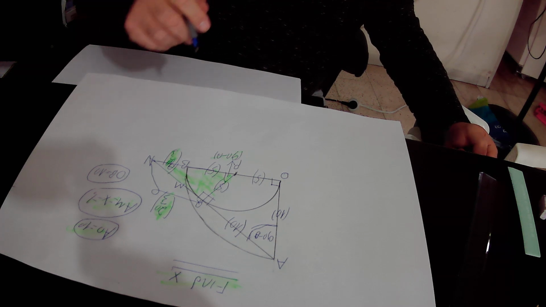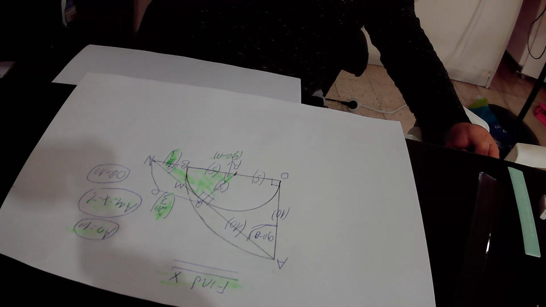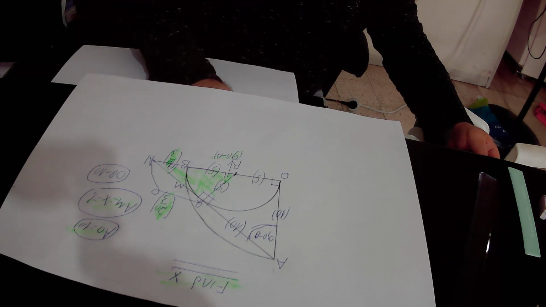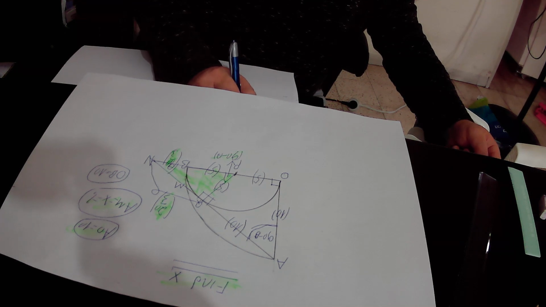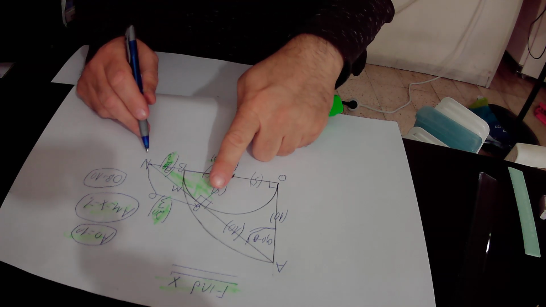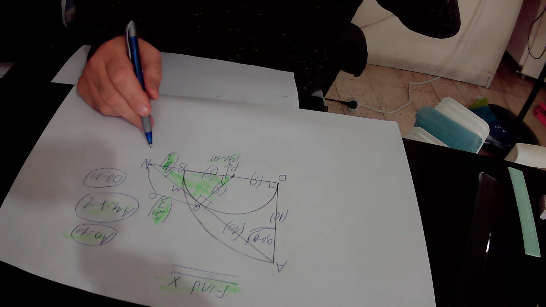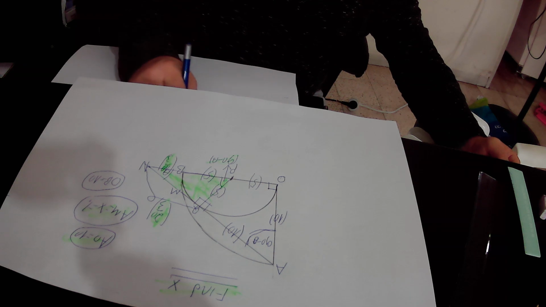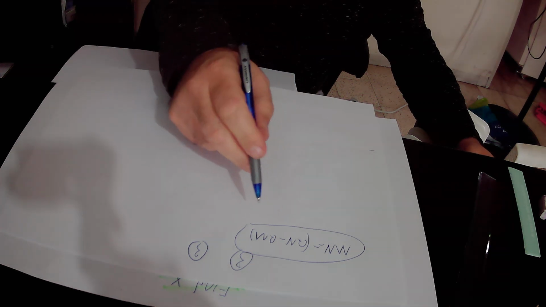In the next step, we'll find out the length of this line segment MN. From the drawing it is very easy to see that MN equals QN minus QM. Repeat again. From the drawing it is very easy to see that MN equals QN minus QM.